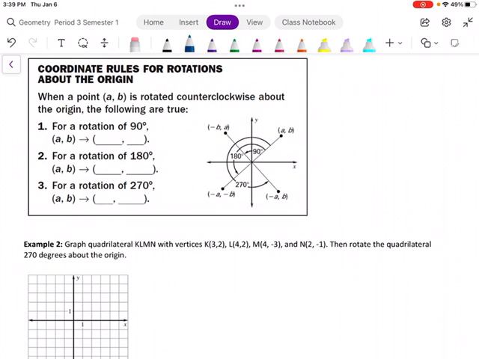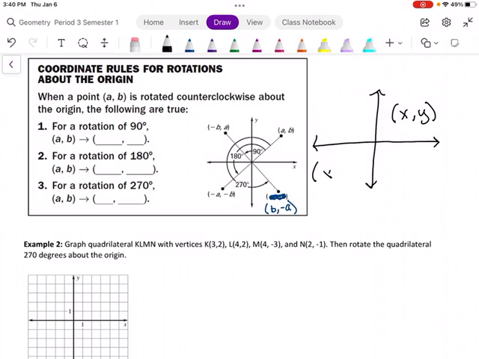Now, if you want, we can do the coordinate point rules, and there's a little bit of an error on here. This one is supposed to be B, negative A. So a way that I remember this is each one has an A and a B. Or, for example, if we're using our X and Y coordinate points, we would have X, Y in our first plane or first coordinate, and then we also have X, Y in the one across from it.